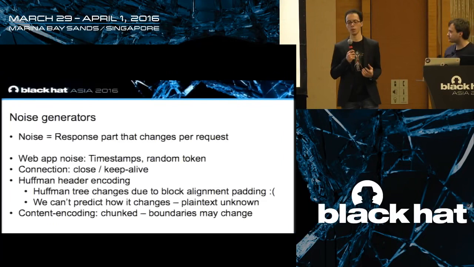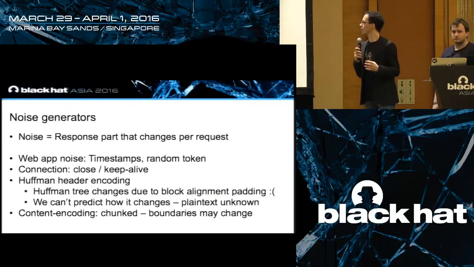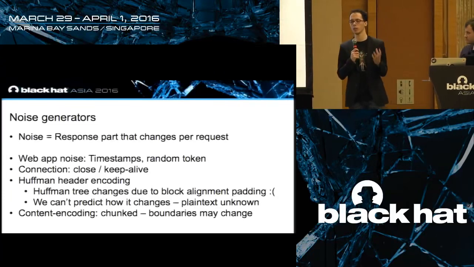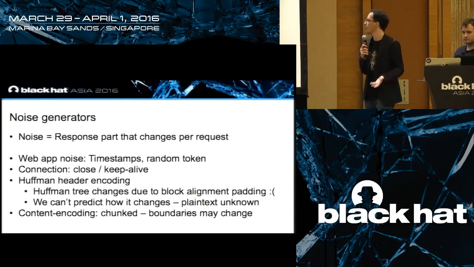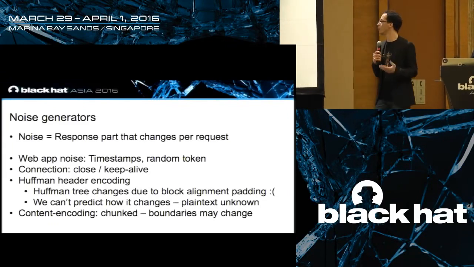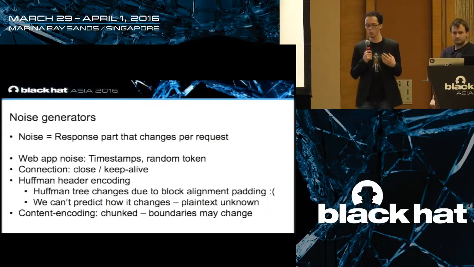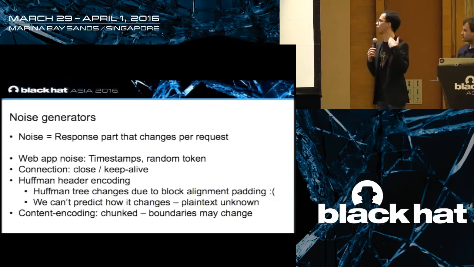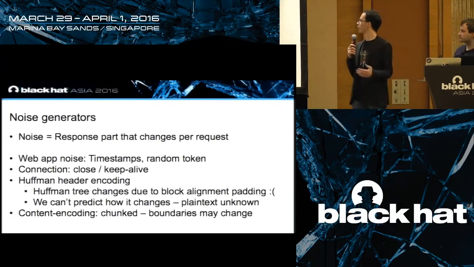Another case of noise is the actual Huffman coding. In this case, we can't predict how the Huffman tree will be encoded during compression because we don't know the response body, we don't know the plain text. So even after that, we also introduce our noise for the block alignment. So we don't know how this noise for the block alignment will affect the Huffman tree and consequently the compression and the encryption that we finally see.